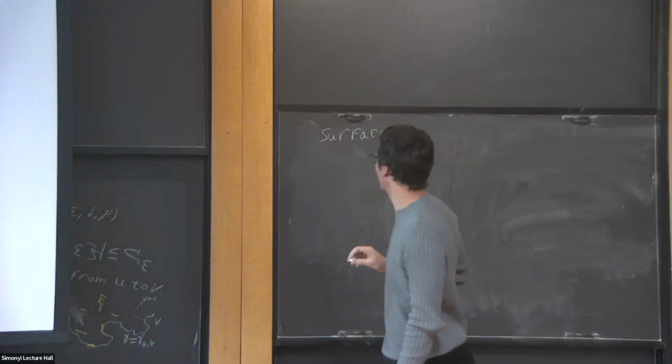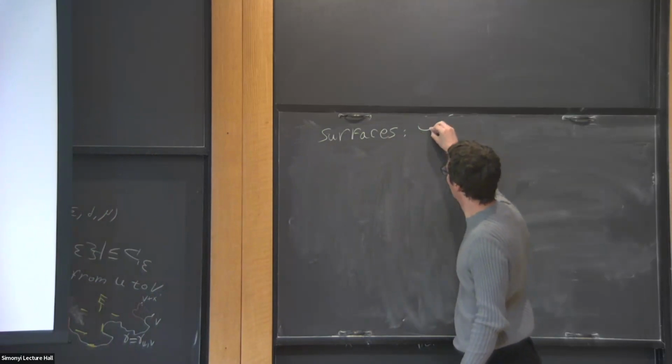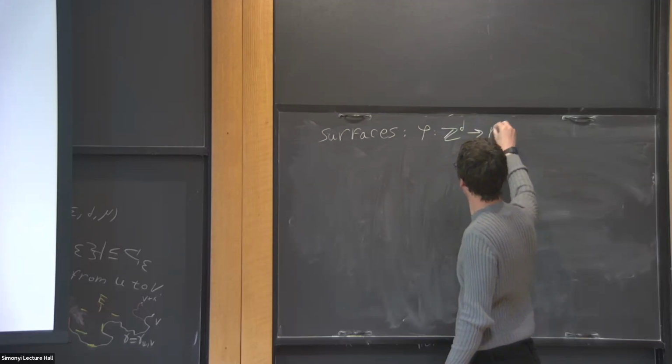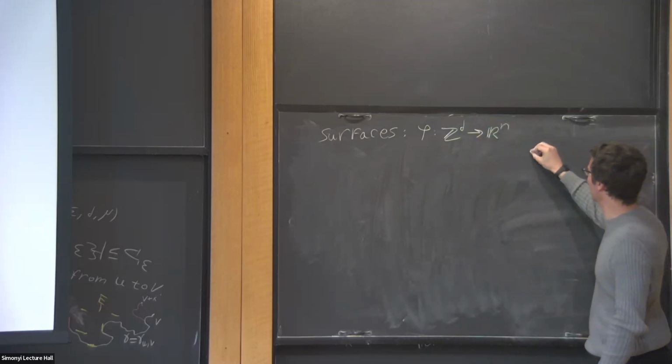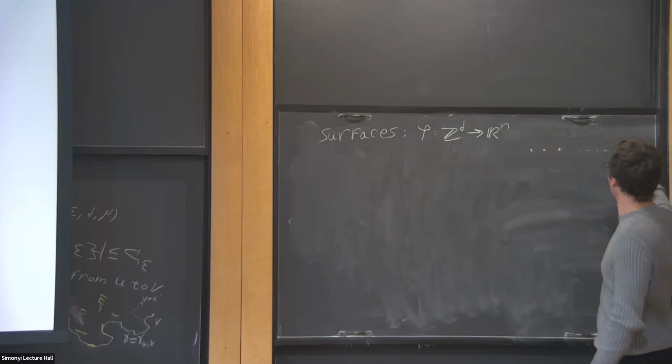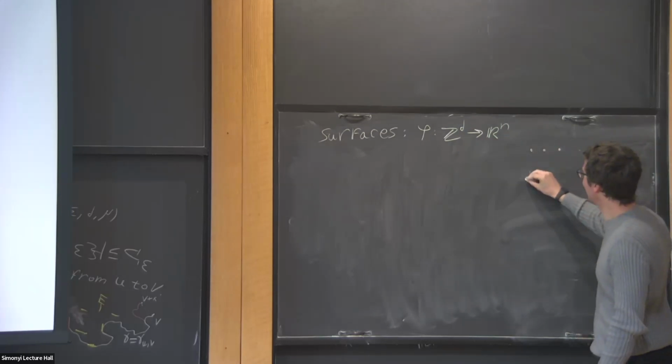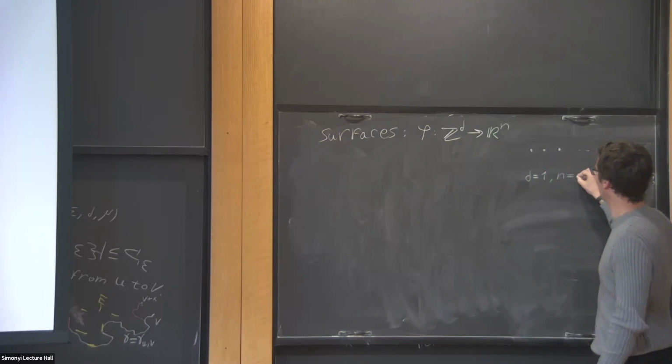As we discussed, the surfaces will be modeled by a function phi from Z^d to R^n. Let me explain this on the side with some examples. This is the case d equal 1, n equal 1.